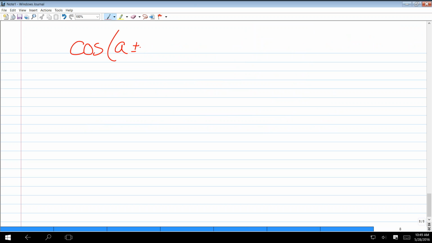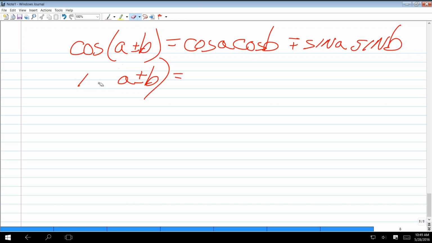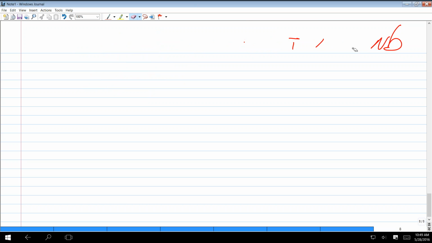Cosine of A plus or minus B, and sine of A plus or minus B. That one's cosine A, cosine B, minus or plus sine A, sine B. Familiar or not? No. Let's not do it then.